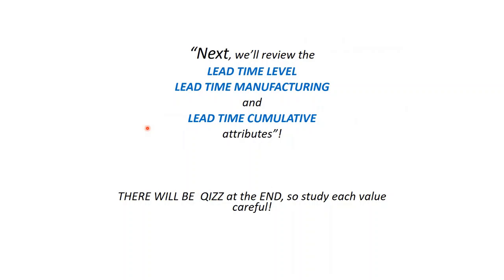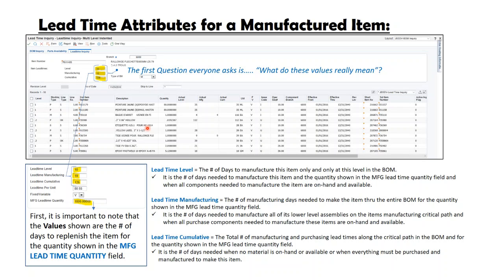Next, we'll review the lead time level, lead time manufacturing, and lead time cumulative attributes. Again, there's going to be a quiz at the end, so study each carefully. When it comes to the lead time attributes for a manufactured item, at this point in the workshop, the first question everyone asks is, what do these values really mean?